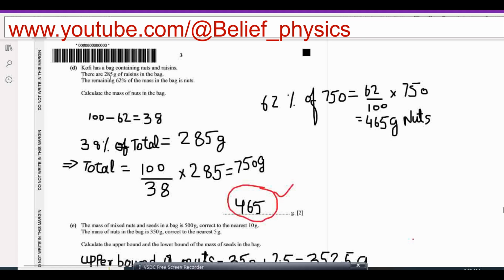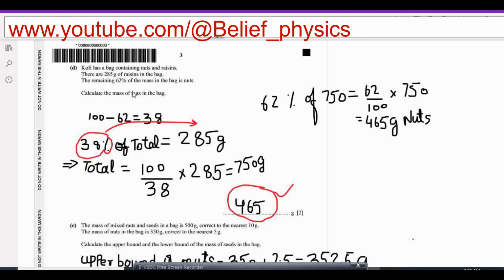It means the total is equal to, we shift the 38% to this side. 38% means 38 over 100, and when we shift it to this side it becomes 100 over 38. So we get total equal to 100 over 38 into 285. Solving it with the help of a calculator, the total mass is 750 grams.